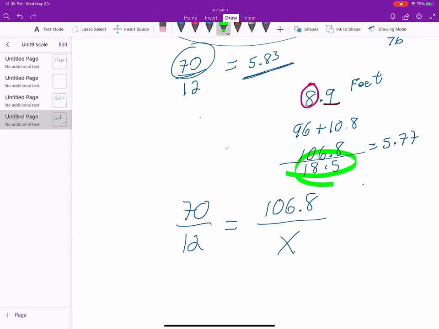This is what happens when you hurry. 12 times 106.8 divided by 70. And that was completely off. 12 times 106.8 equals that, divided by 70 equals that. So it should have been 18.3, right? And 18.3, look how close that is. See, we're really similar. I mean, you're talking about 0.2 of an inch, which is no heck of a lot. So kind of cool stuff.